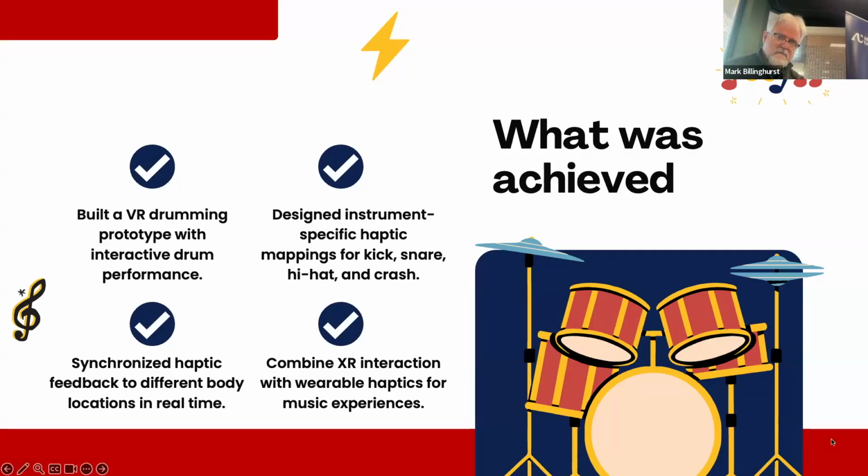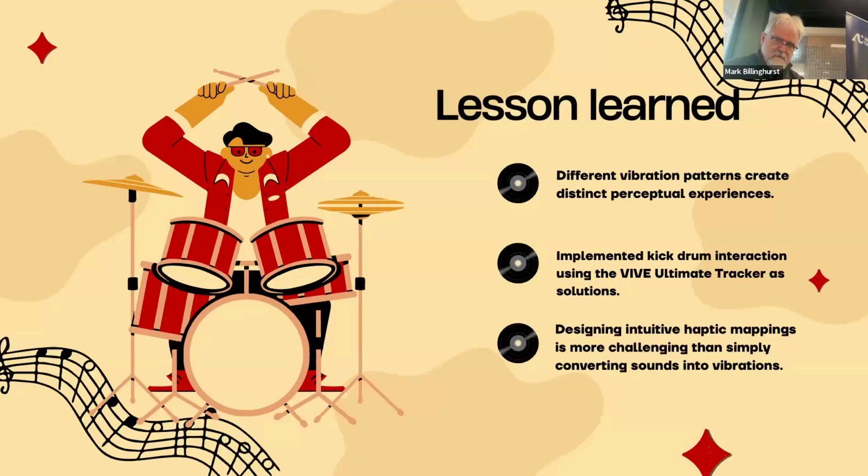So they have different haptic vibration patterns, and we can also achieve real-time haptic feedback to different body locations. And for the lessons we learned, firstly we tried mapping and designing different vibration patterns for different perspective experiences.